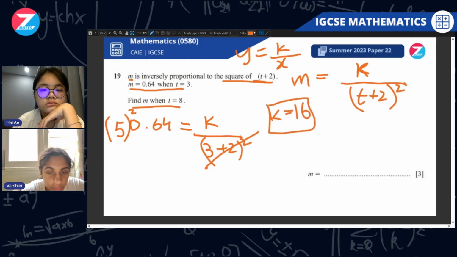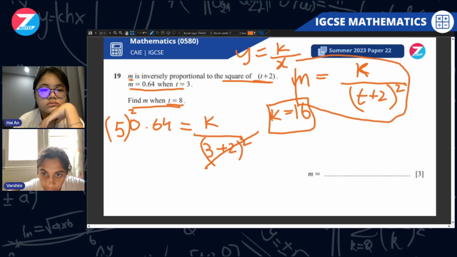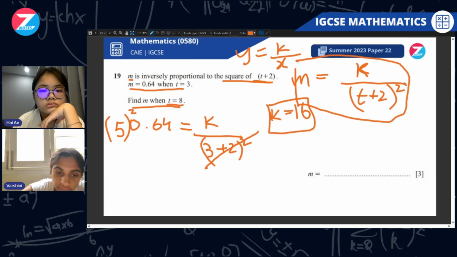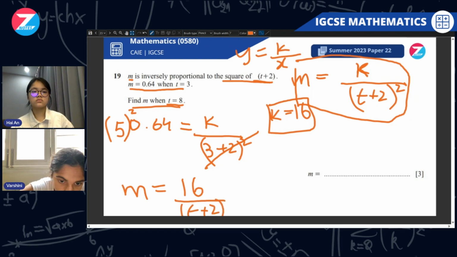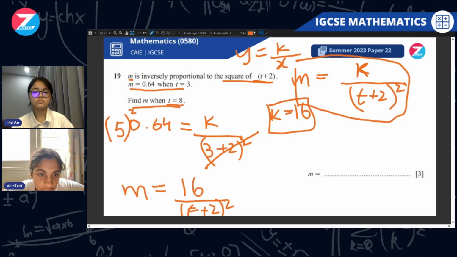Okay, but now we don't want the value of k, remember, we want the value of m when t is equal to 8. So now this equation over here that we have, m equals k by t plus 2 whole squared, we can rewrite this since we know the value of k. So m is going to equal 16 divided by t plus 2 whole squared. And now we know t is also 8. We want to find m when t is equal to 8.